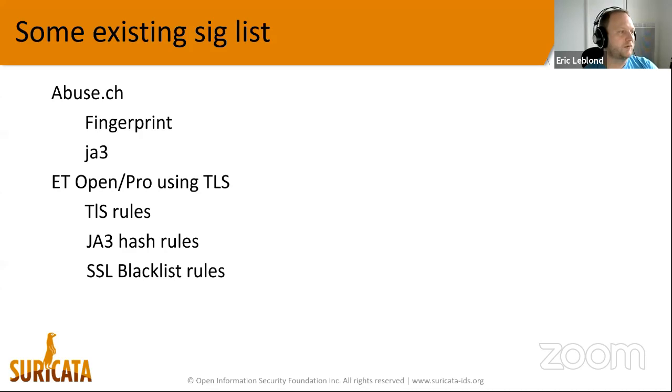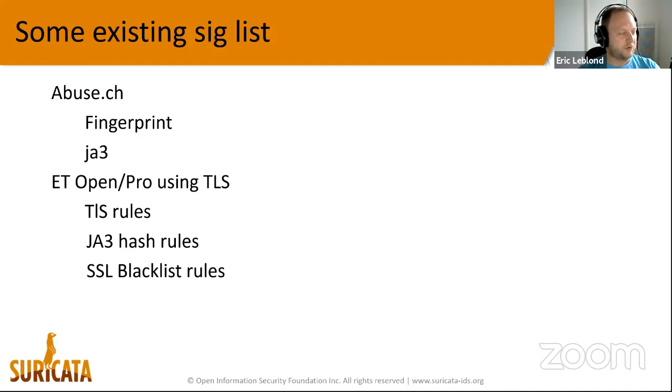That's quite useful to identify bad communication, because you are going to a C&C. It's based on the fingerprint, so we find the individual certificate, and then you've got the JA3 that identifies the server implementation. So it's also an interesting list.